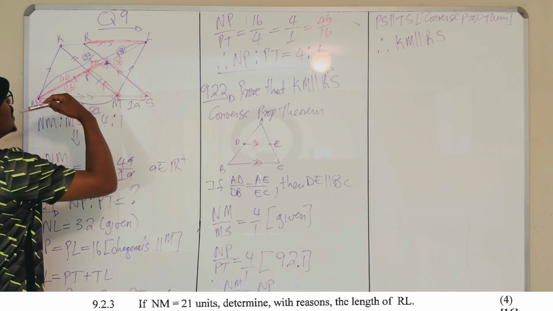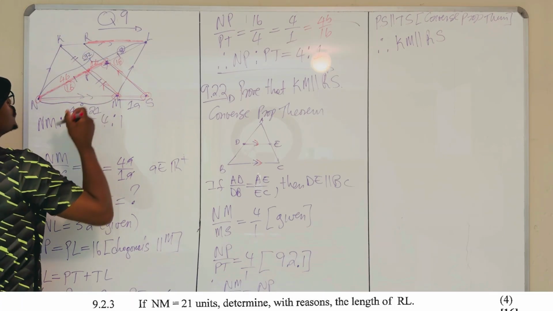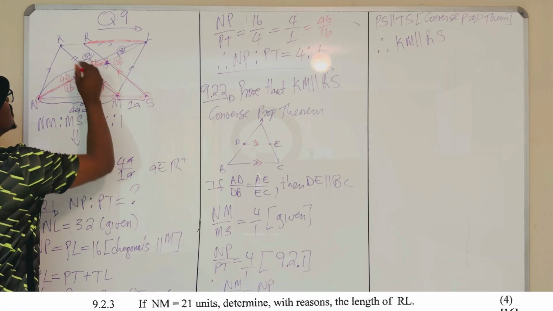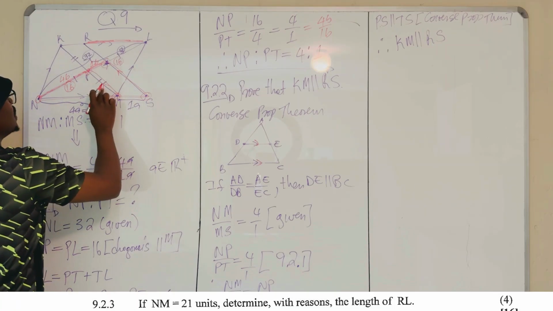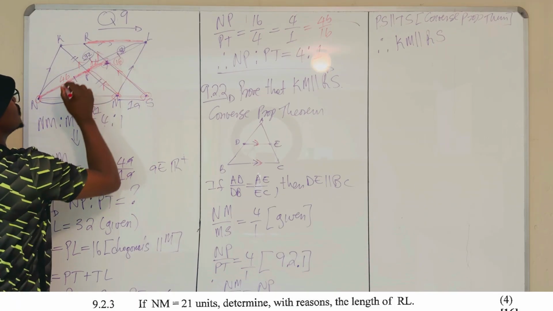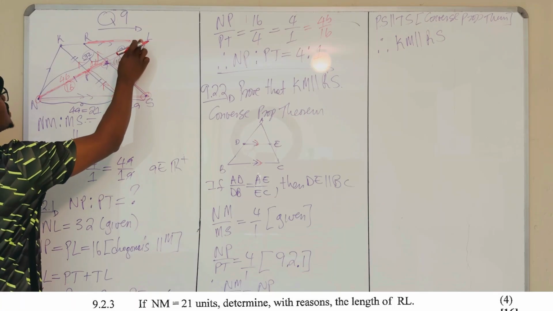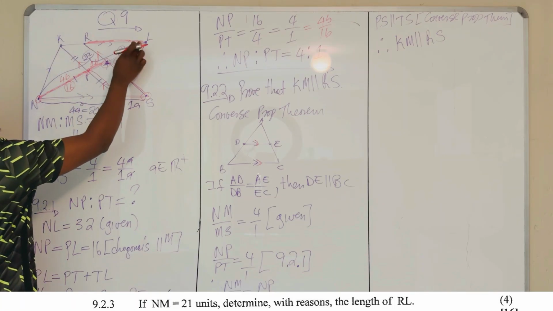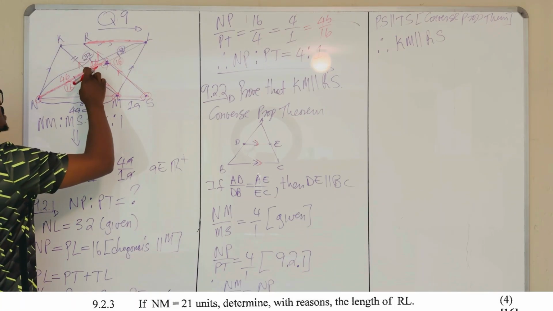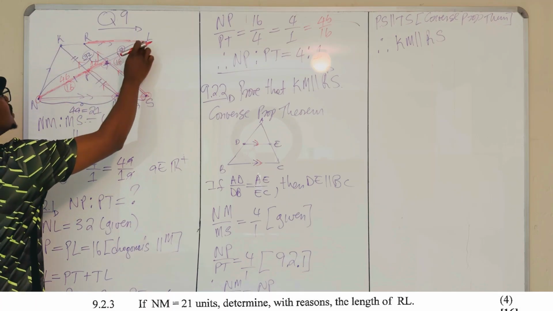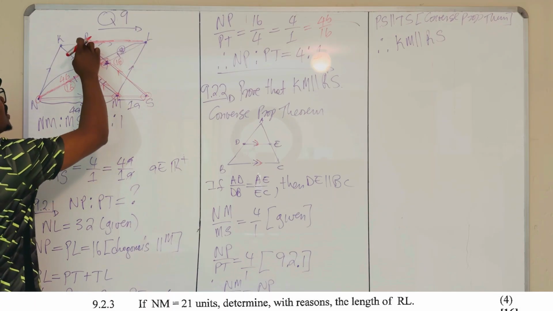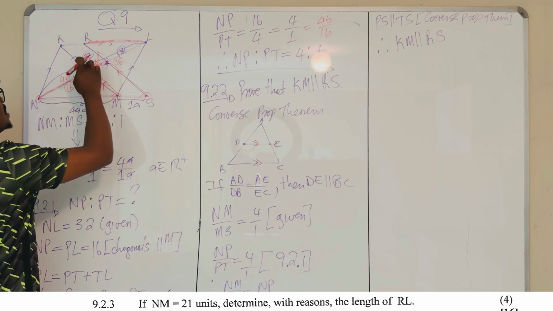LRT, right? You can see we said that these two lines are parallel. So let me just put these lines as well. You can see this triangle LKP is divided by RT here, right? And these two lines are parallel.